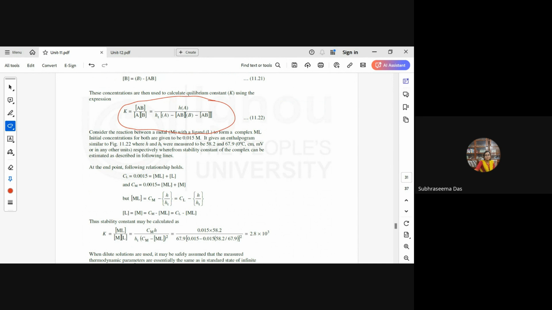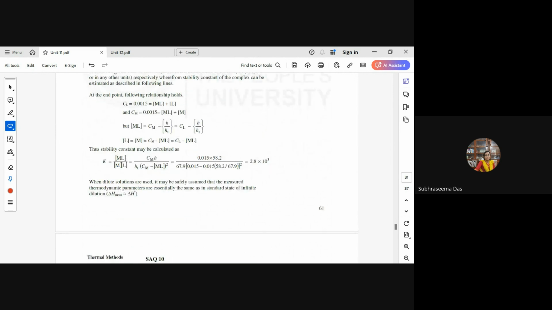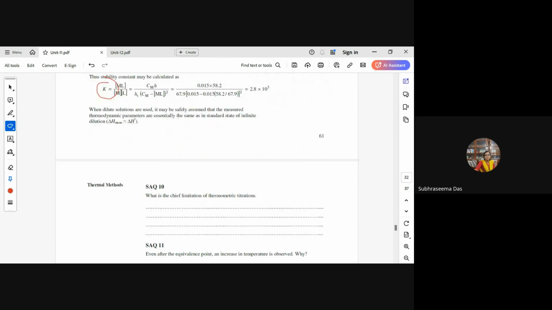Now, if we consider a metal M that reacts with a ligand L to form ML, then the above value for the determination of the equilibrium constant K of the complex ion ML can be used for the calculation of the stability constant K given by this equation.